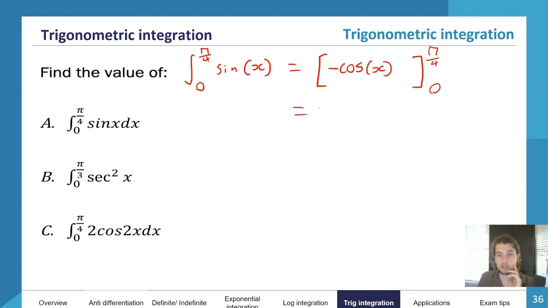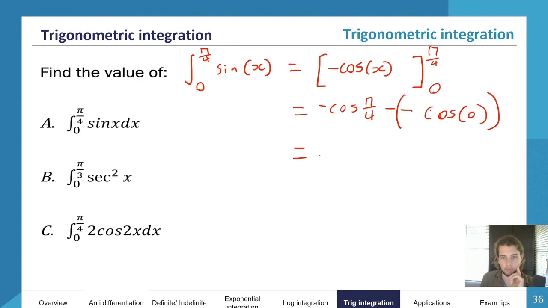So we can say this is equal to negative cos pi on 4 minus, because remember we always put a minus and brackets out the front when we're substituting in the 0, cos 0. So that would be equal to negative cos pi on 4.